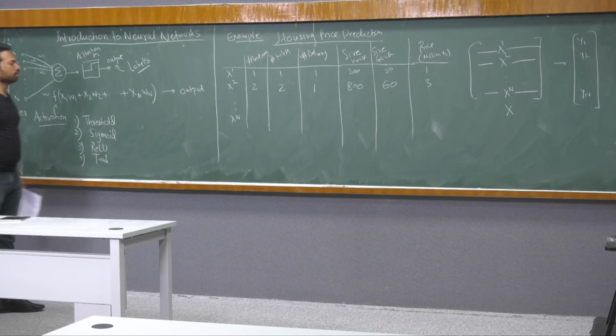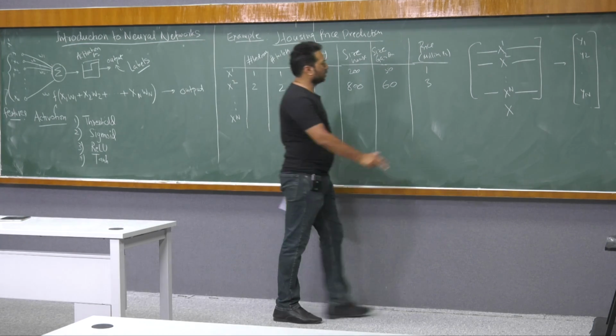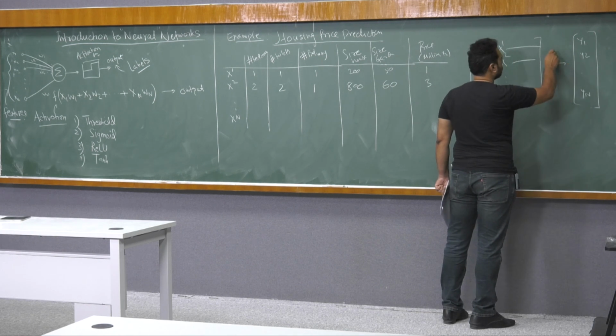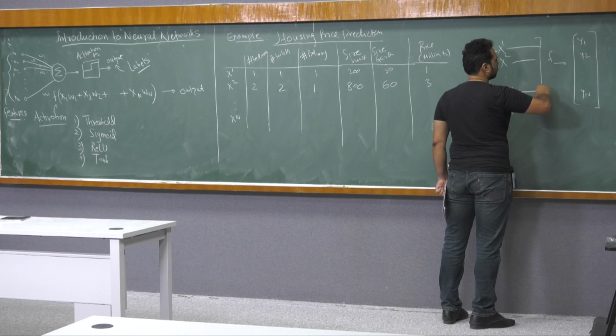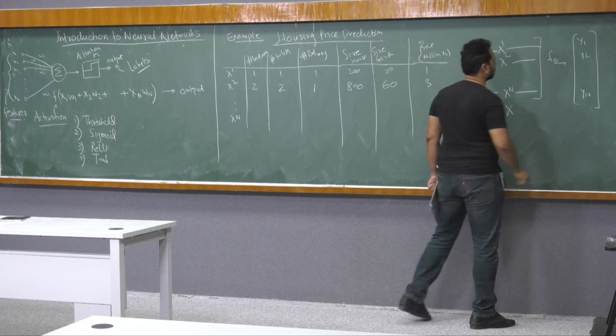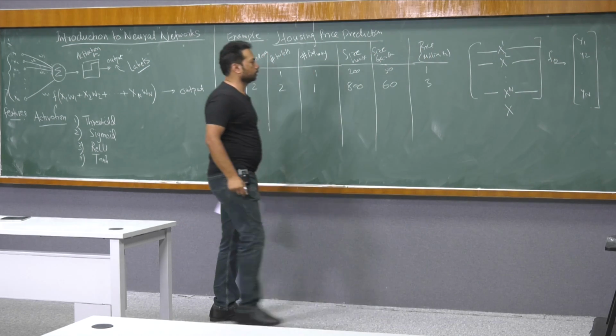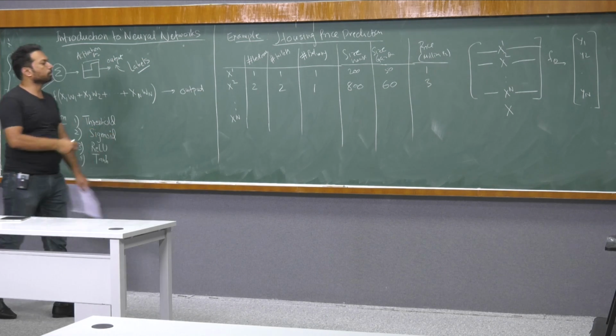So the mapping that we are trying to learn is: given this x, what could be the function f that will predict this.